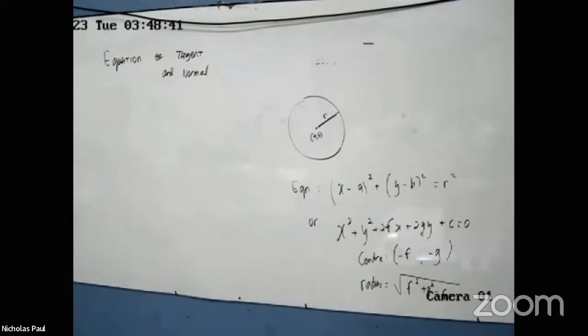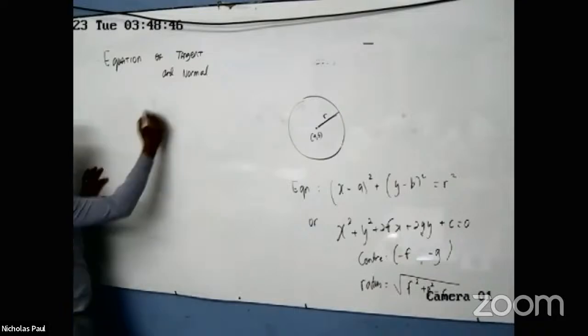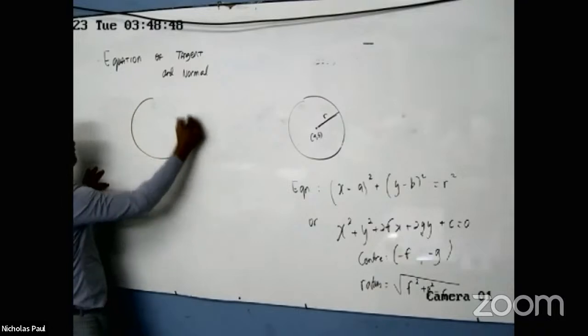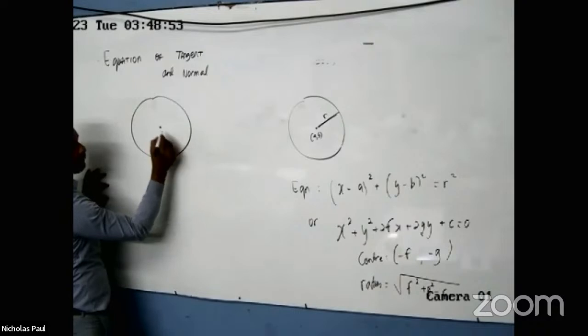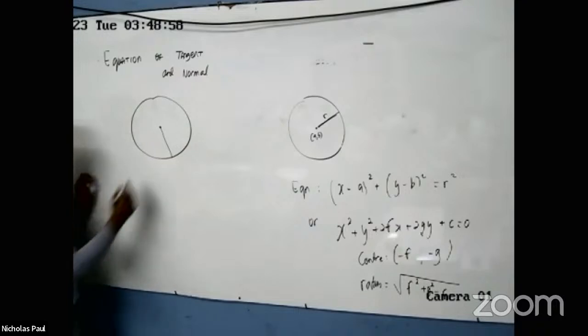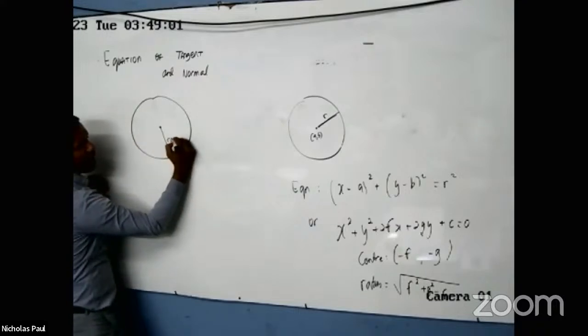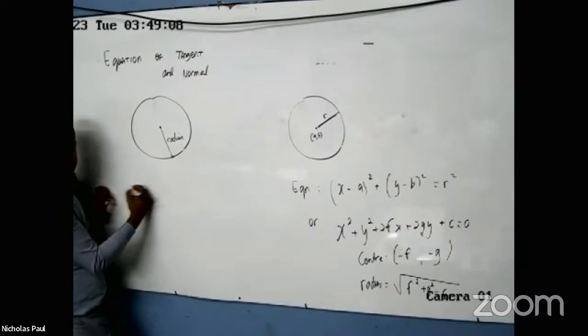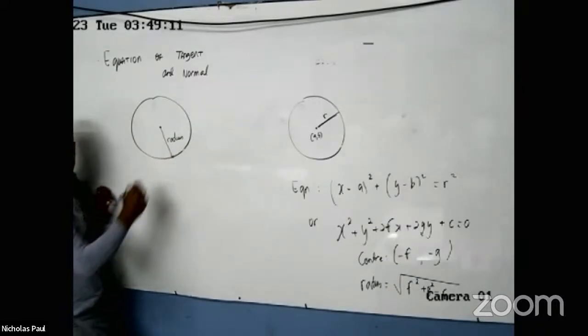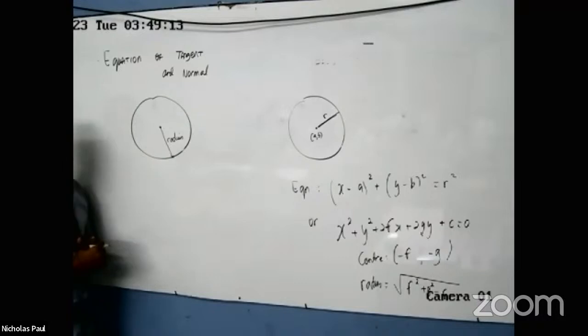All right, ready? So we need to be able to get the equation, right? Before we do that, we need to have an idea of what is the tangent and what is the radius. This line here is the radius. If I wanted to draw a tangent at this point here, what type of line do I draw?